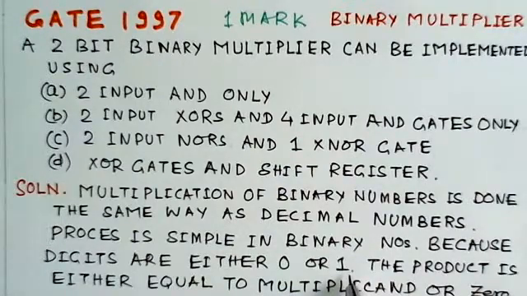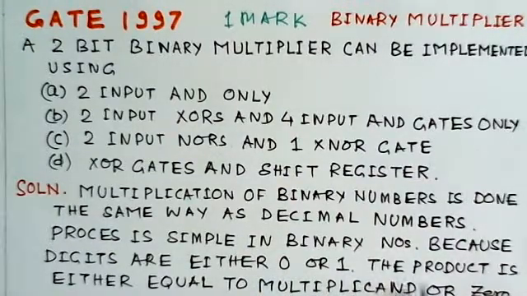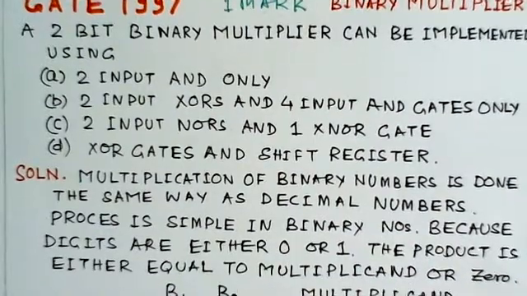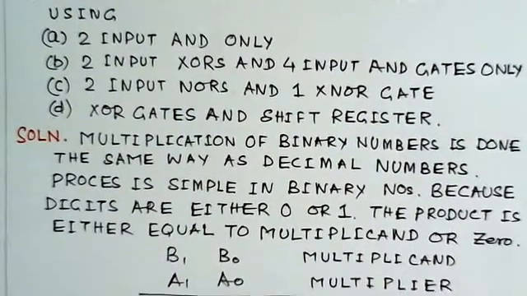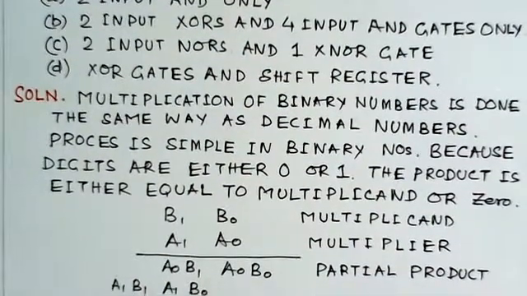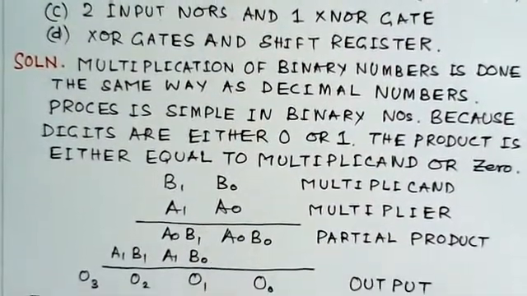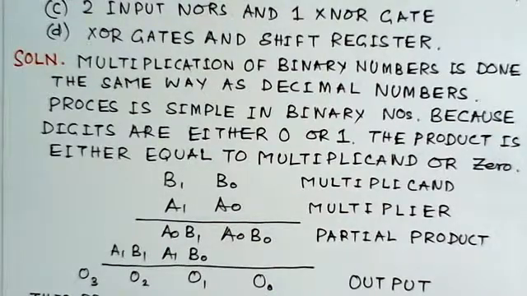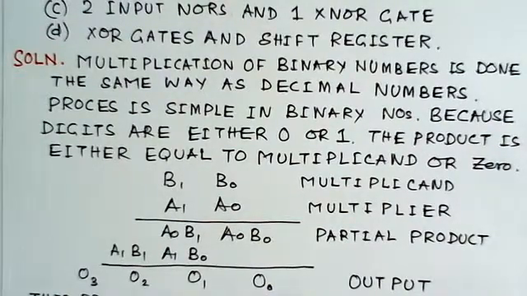When there is a 1, the multiplicand would be copied, and when there is a digit 0, all zeros will come. So the product is either equal to the multiplicand or equal to 0. That is the advantage of this circuit. So it's a simpler circuit than the decimal multiplication process.